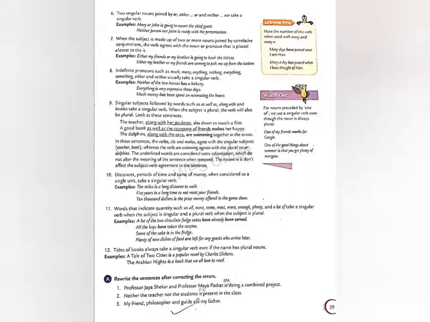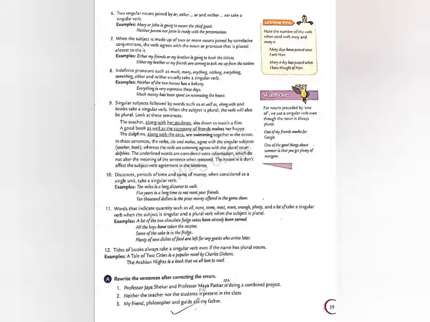Keep this in mind. It is the 7th point basically. When the subject is made up of two or more nouns joined by correlative conjunctions, that means either or, neither nor, the verb agrees with the noun or the pronoun that is placed closest to it. For example, either my friends or my brother is going to book the tickets.